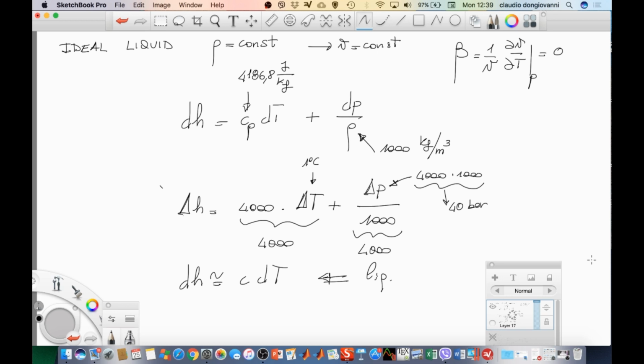But usually, the temperature is the more important. So this is the reason why, when you talk about the variation of enthalpy, Cp dT is the formula for ideal gas. For liquids, it's not correct. It's a good approximation, usually, but not correct. Okay?